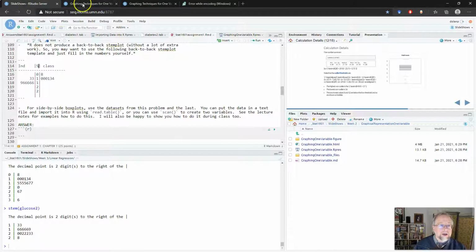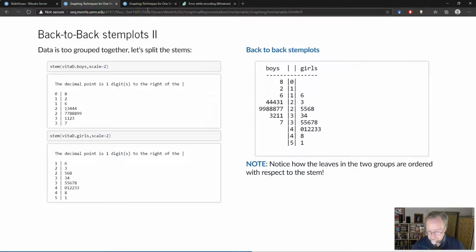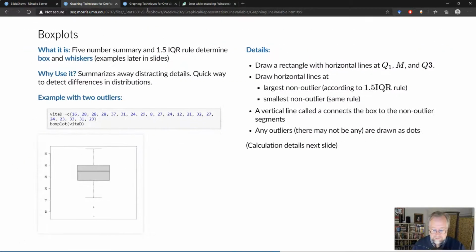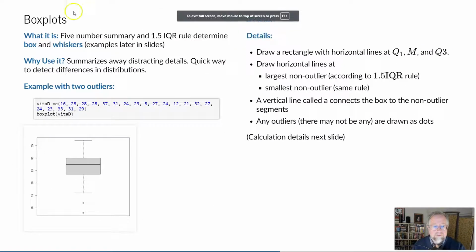Going back to our main discussion, now we want to talk about box plots, and that's where we need to remember the 5-number summary. So remember, the 5-number summary was the minimum, the first quartile, the median, the third quartile, and the max.